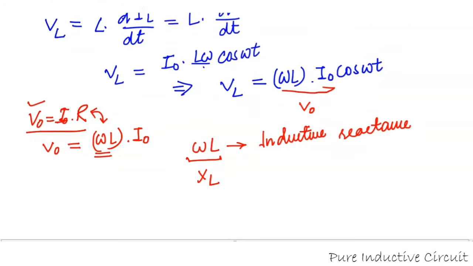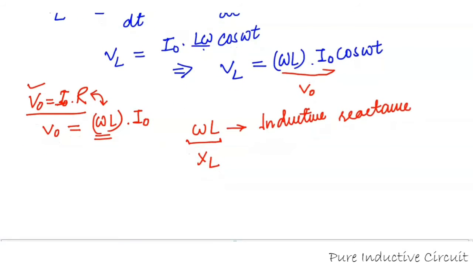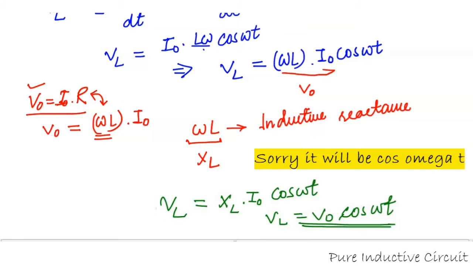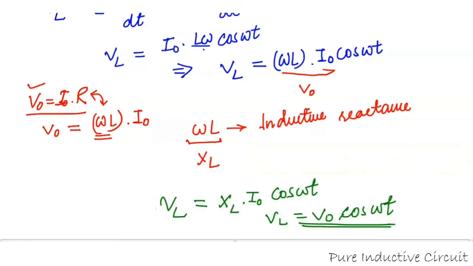Therefore we can simplify the formula and write VL equals XL into I naught sine of omega t, or VL equals V naught sine of omega t. So this is the main formula to find VL. So we have found out the value of VL.